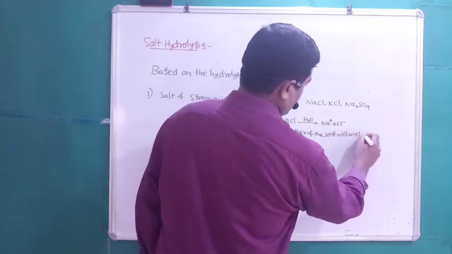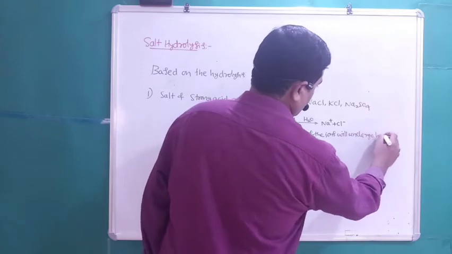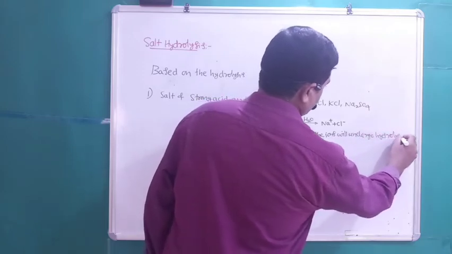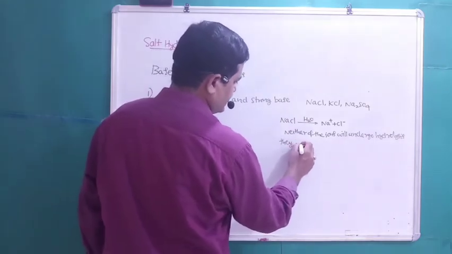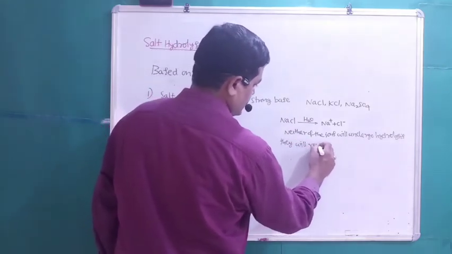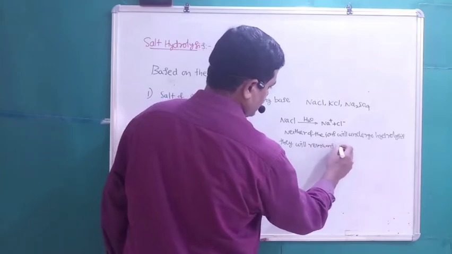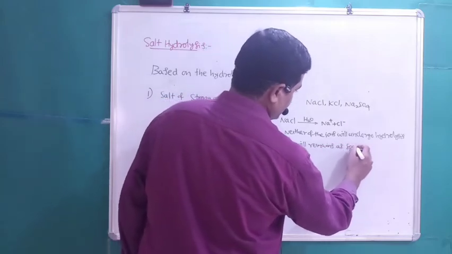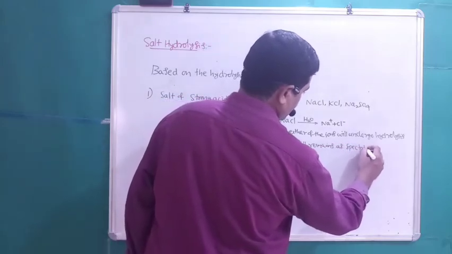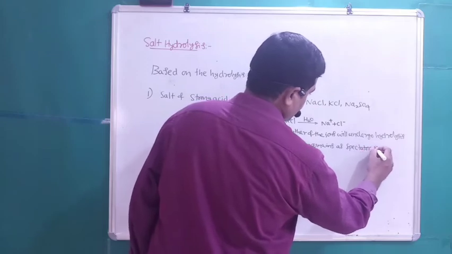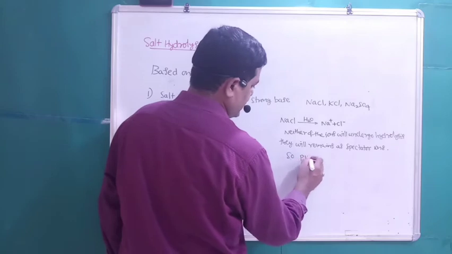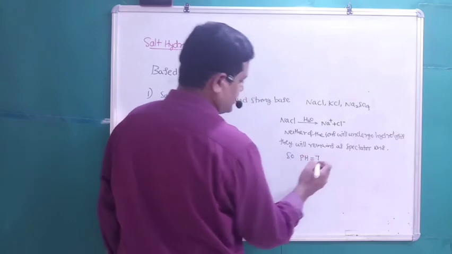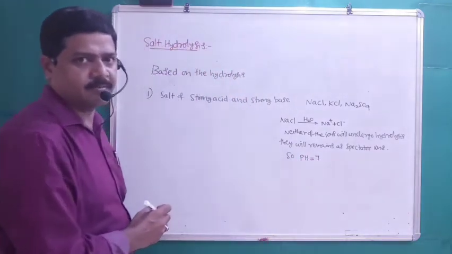They will remain as spectator ions. So the pH will be neutral, pH is equal to 7.